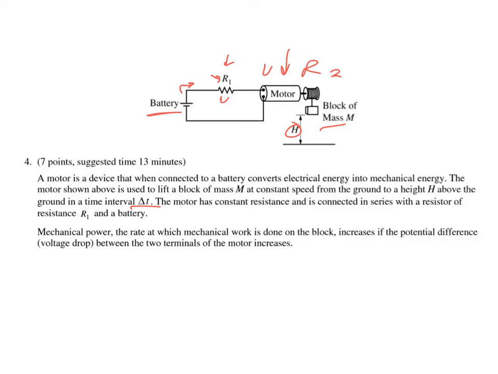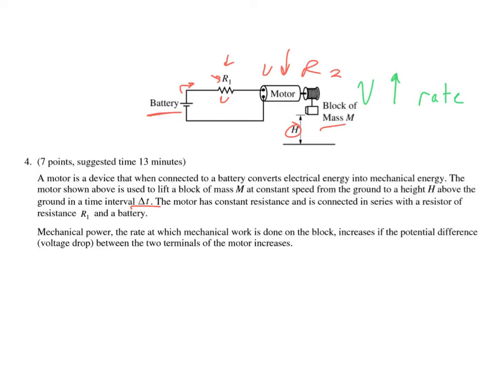Okay, so I really like this problem because it's taking us into an application of what could be in a circuit. And essentially it's saying that this motor has some voltage drop across that motor. Now, if that voltage drop increases, meaning it gets more voltage, then the potential difference is going to increase, of course, and that will increase the rate at which the work can be done.